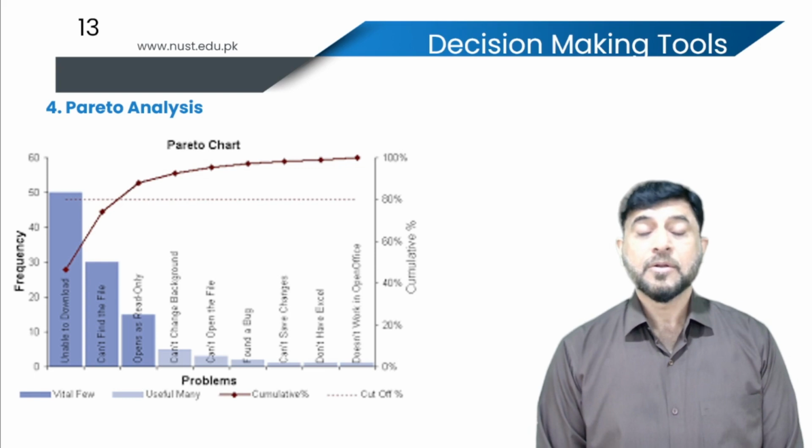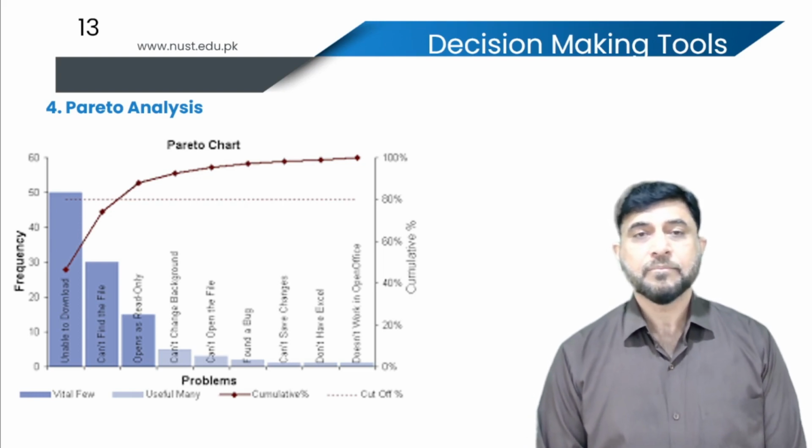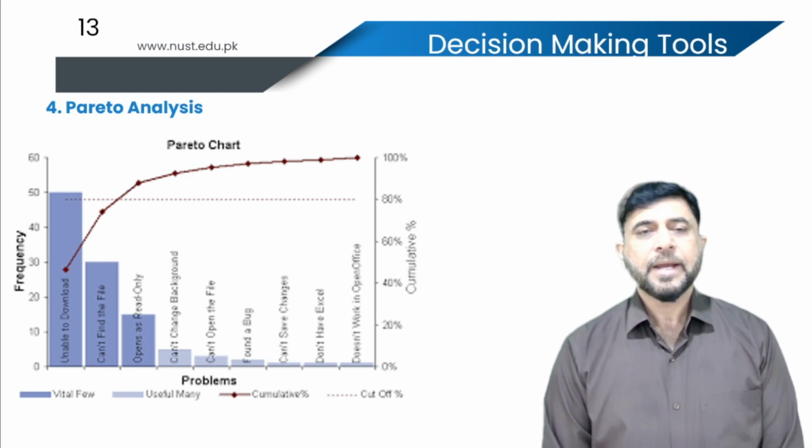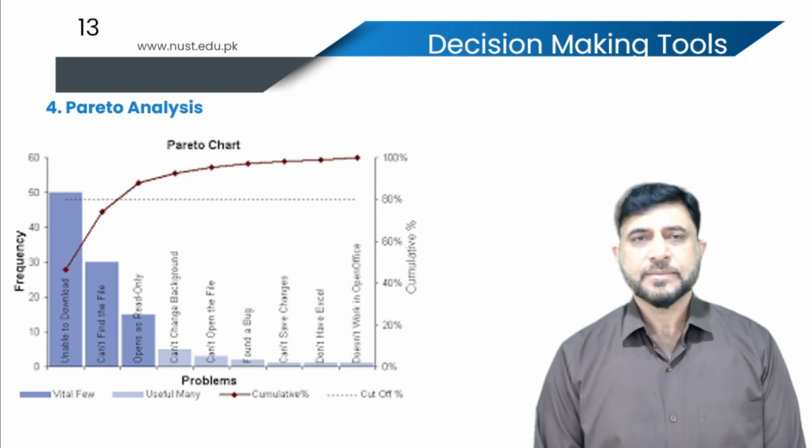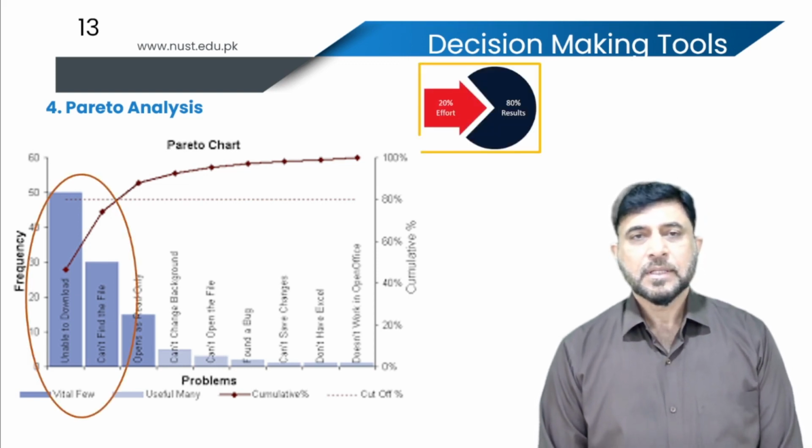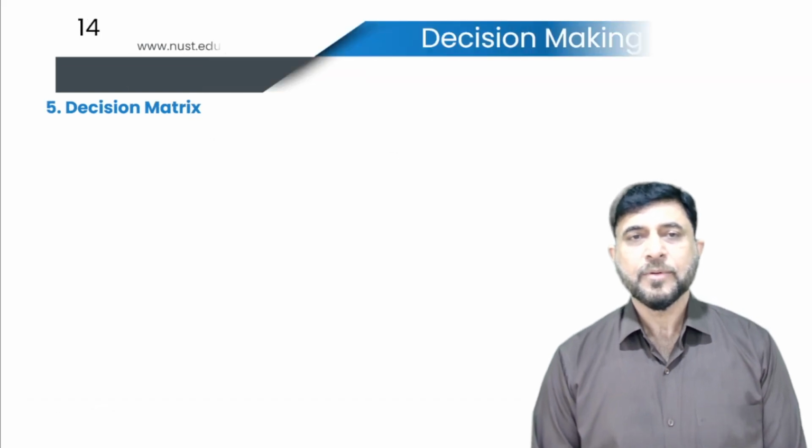You can remove those causes and nullify them, and you can find a good result. Okay, this is the 20-80 rule.